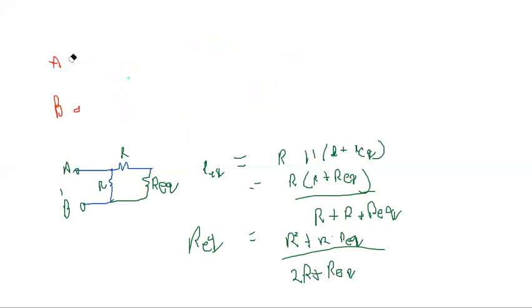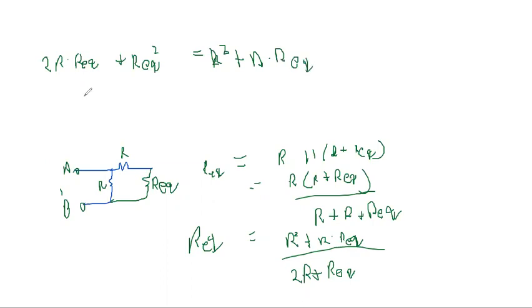The quadratic equation is R into R equivalent plus R equivalent square is equal to R square plus R into R equivalent. So this equation is R equivalent square plus R into R equivalent minus R square is equal to 0, right?